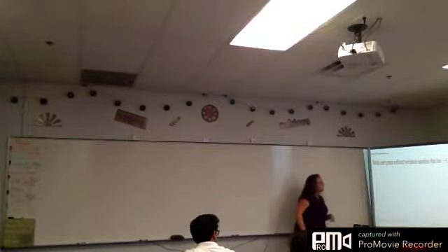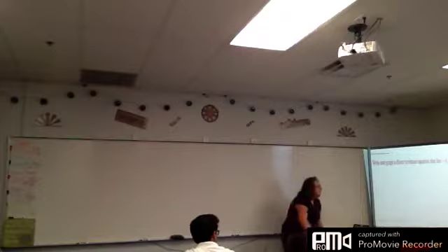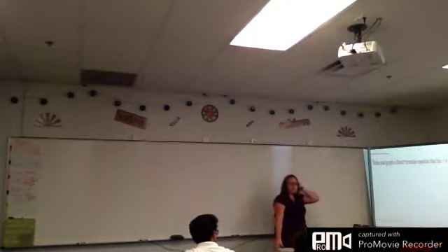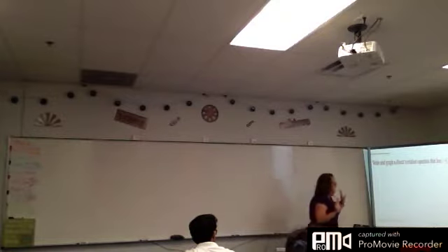Write and graph a direct variation equation that has (-4, 8) as a solution. What do you think that means? What is the direct variation equation in general? y equals ax.